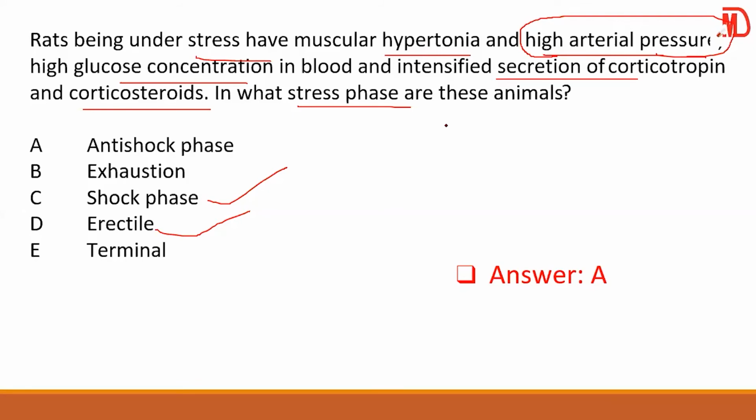And in the erectile phase, we say you have excitation, which we discussed earlier, whereby the guy is talkative and super active. That is the erectile stage. But anti-shock is preventing shock. So your answer is A. All right.